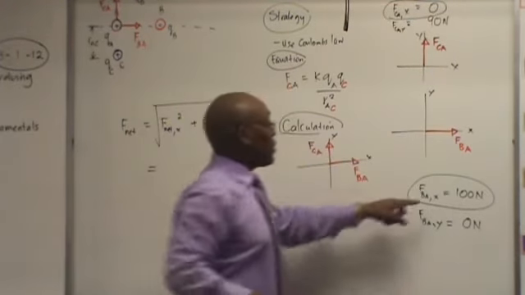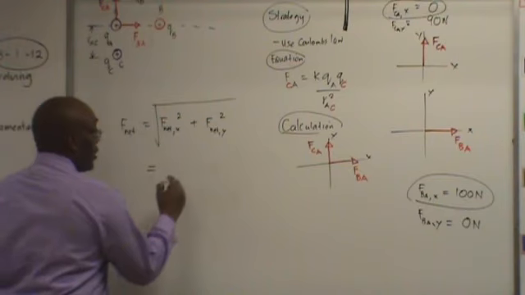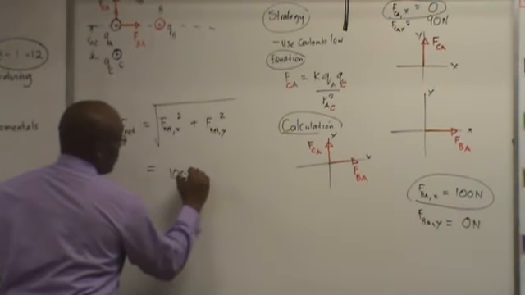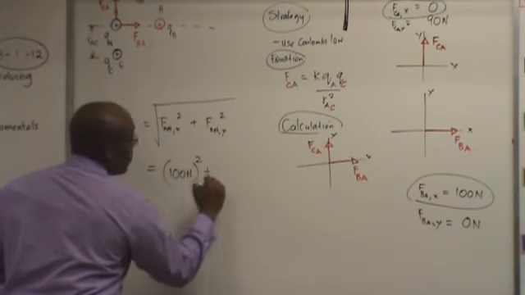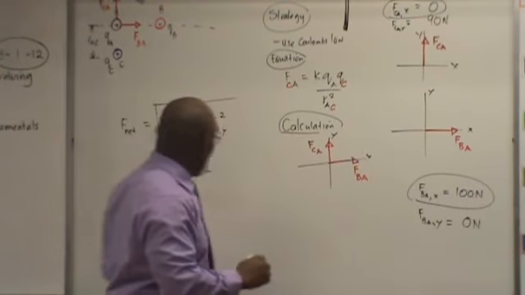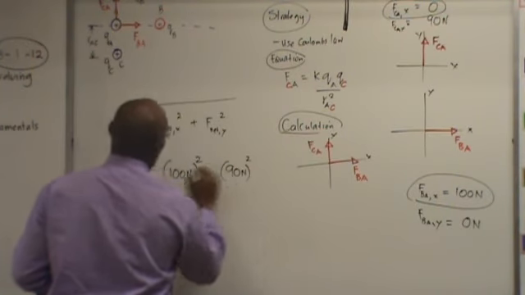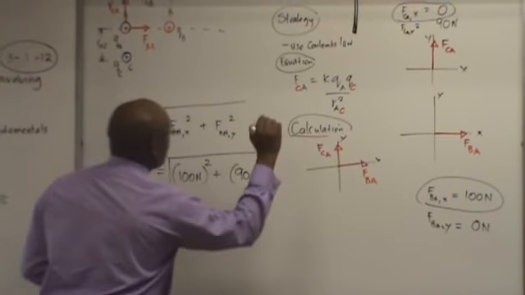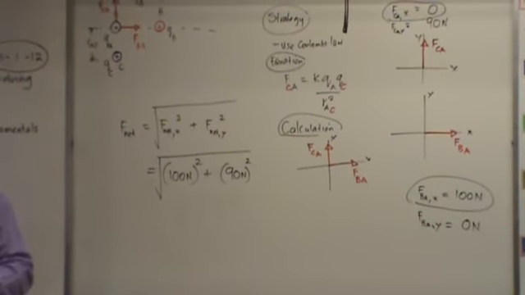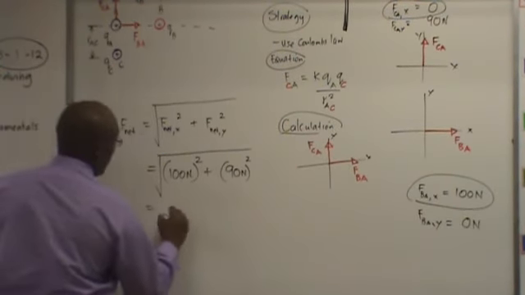So what's my total x component? 100, so F net x is 100. Then I add up my y components. This plus this. 90. Somebody calculate and tell me what you get. You should get 130.